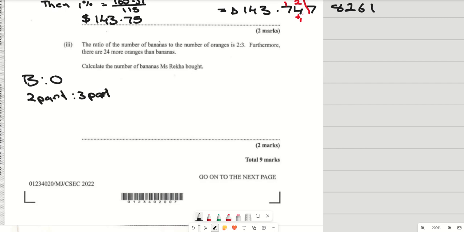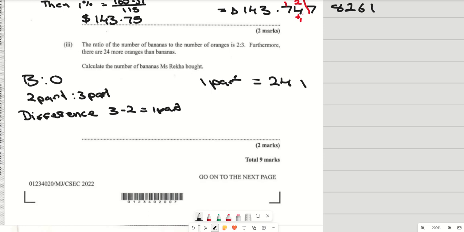So if we find out the difference in ratio, the difference of number of parts, which is 3 minus 2, you could say that is 1 part. And they told you that the difference between oranges and bananas is 24. So you could say that 1 part is equal to 24 fruits, whatever that fruit might be.